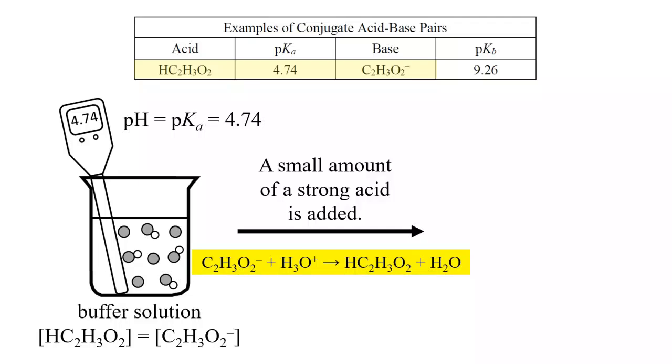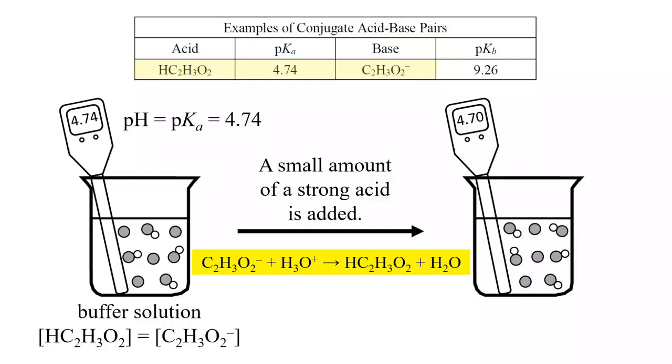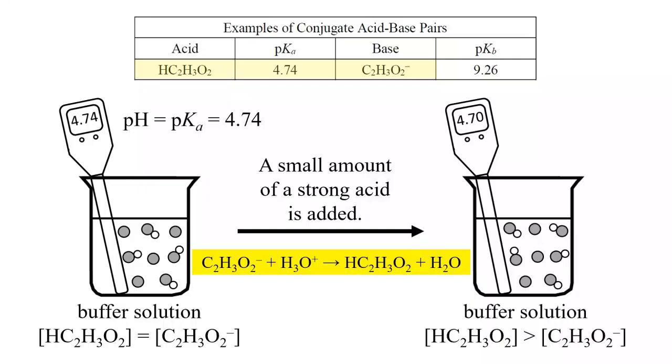Now, count the particles in the new beaker that's on the right side of this slide. Instead of 4 molecules of acetic acid and 4 ions of acetate, you can see now 1, 2, 3, 4, 5 molecules of acetic acid and 3 ions of acetate. So do we still have a buffer solution?